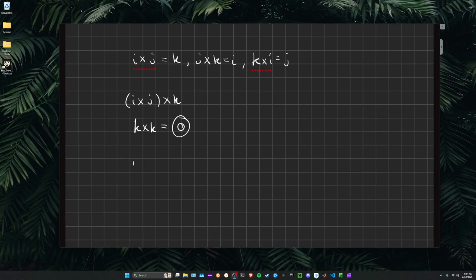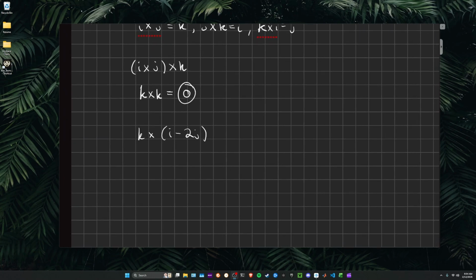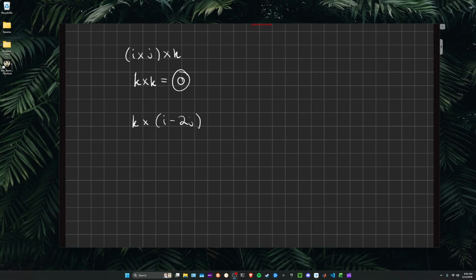Next we'd have K crossed with I minus 2J, so a scalar multiple of J. Let's just expand this a little bit.